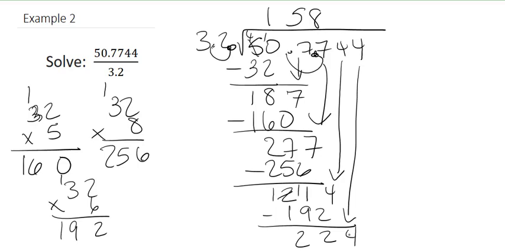And now 7 times 32 is what? So let's go 32 times 7. 2 times 7 is 14. Carry the 1. 3 times 7 is 21 plus 1, which is 22, so 224.